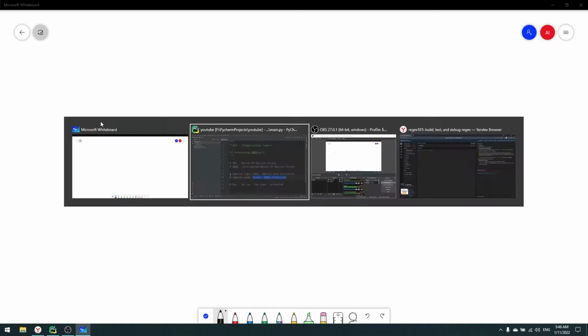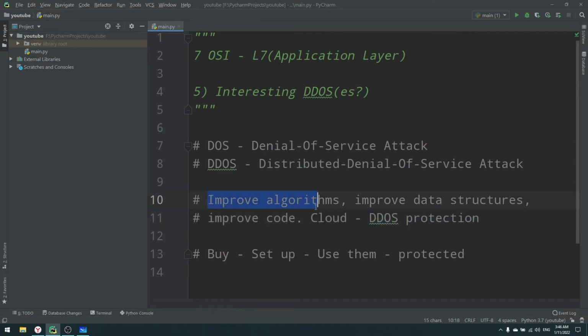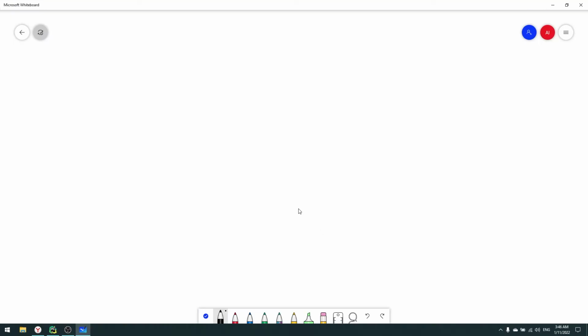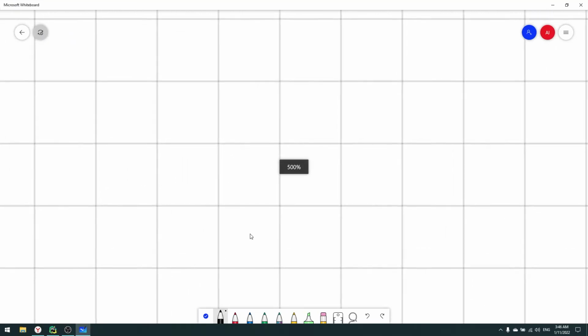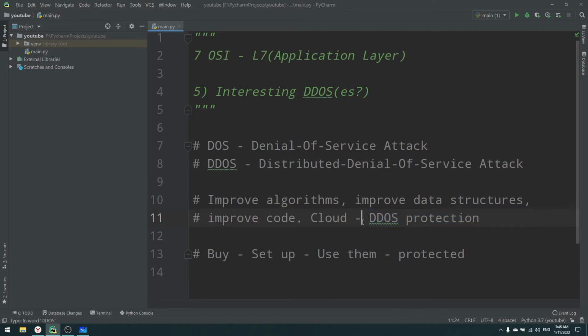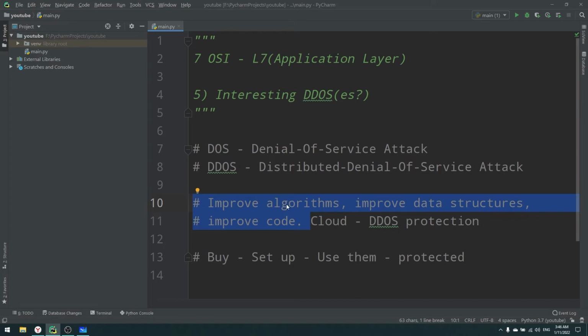Of course, it won't, because you fix it, but anything can happen. That is why it's very important to improve your algorithms, improve your data structures, and not just rely on the DDoS protection from your cloud. Of course, if you have doubts, you need to set it up, but don't forget about those things. And don't forget about all the layers that your application uses, because you always need to think about all of the systems that you run as a business.